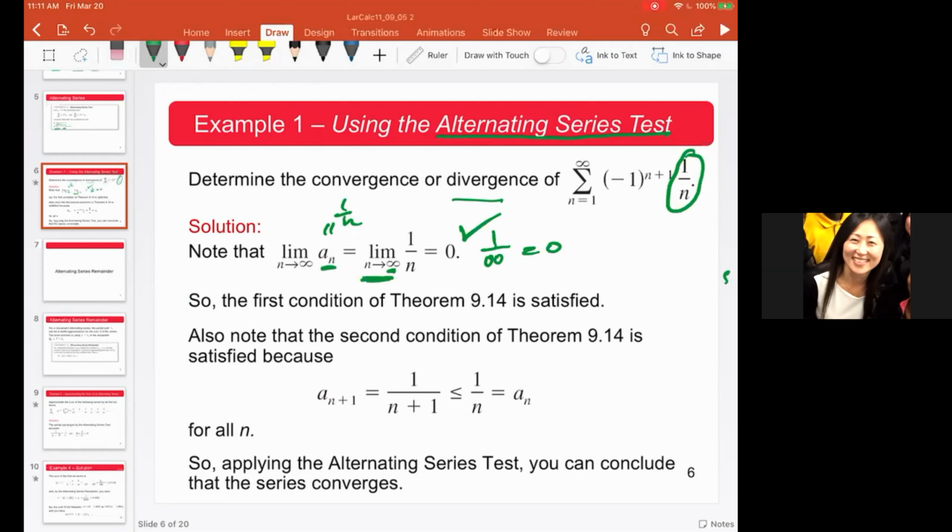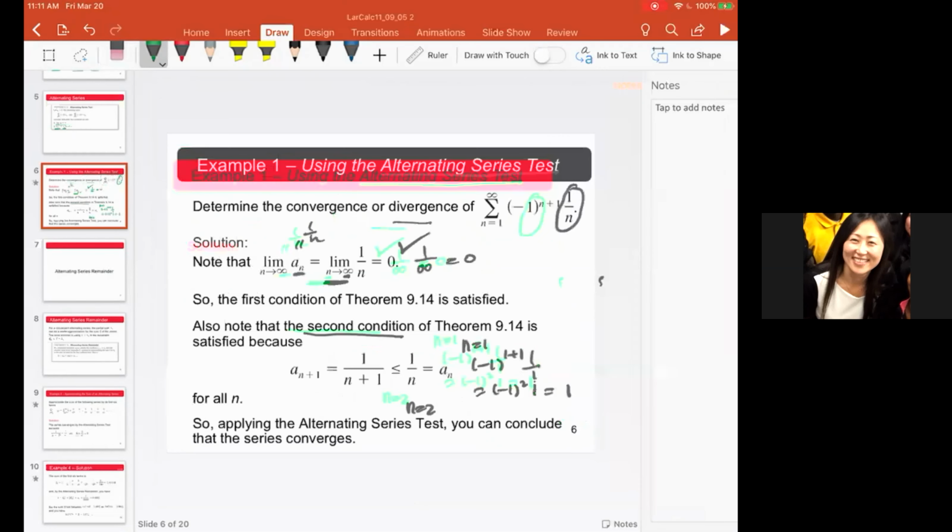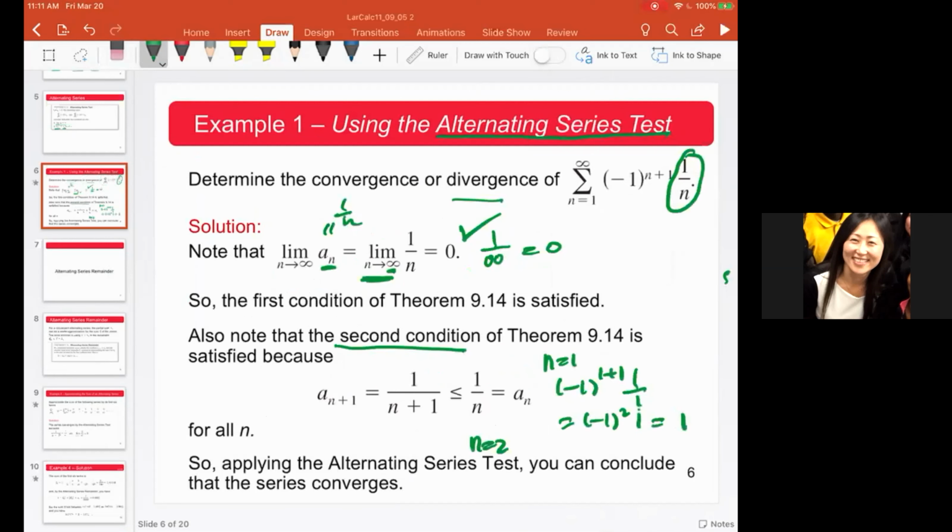Now let's look at the second condition. It says the very first term is the largest one. So if I plug in n equal to 1, I have (-1)^(1+1) times 1 over 1, which gives me (-1) squared, which is 1. For n equal to 2, I have (-1)^(2+1) times 1 over 2, which gives me -1 times 1/2.